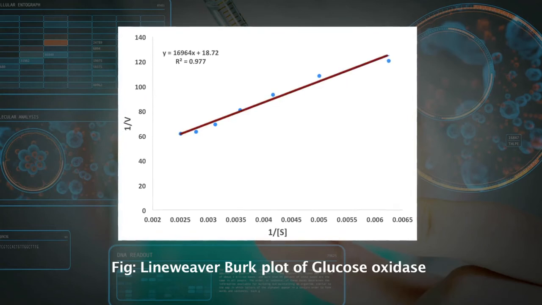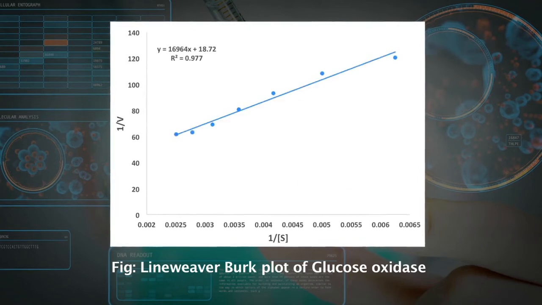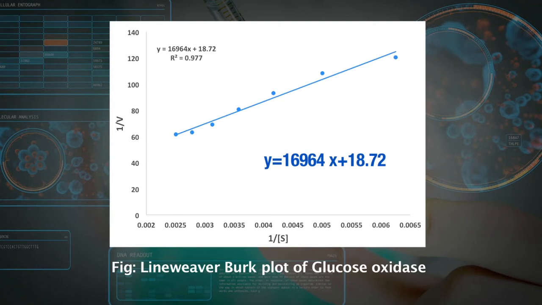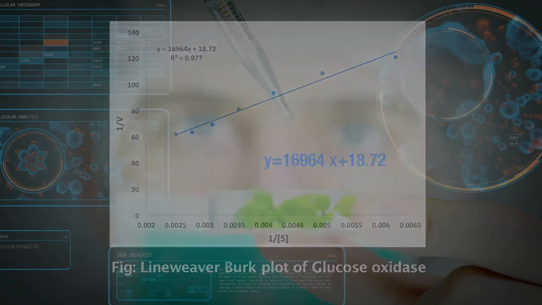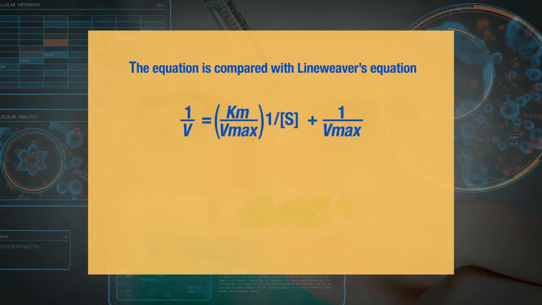A straight line with an intercept at y-axis with the following equation was obtained. Here, y is equal to 16964 multiplied by x plus 18.72. The equation is compared with Lineweaver's equation, which is 1 by v is equal to Km by Vmax multiplied by 1 divided by concentration of the substrate plus 1 by Vmax.